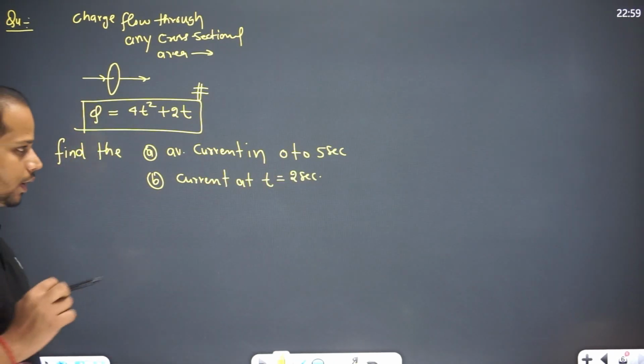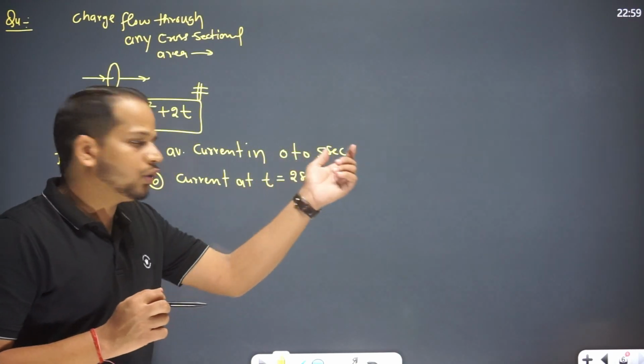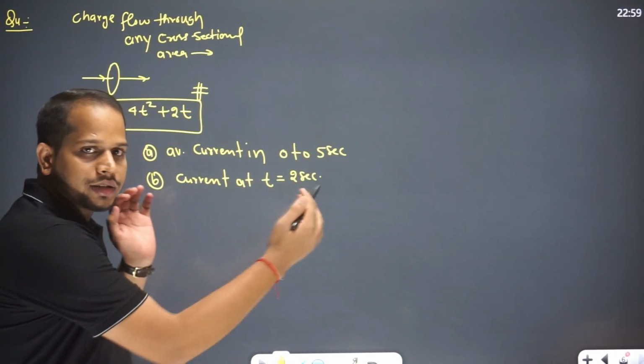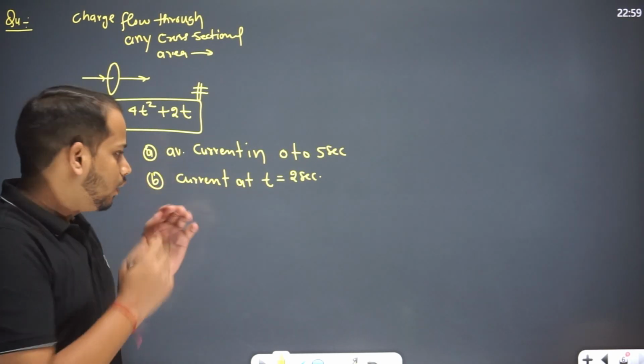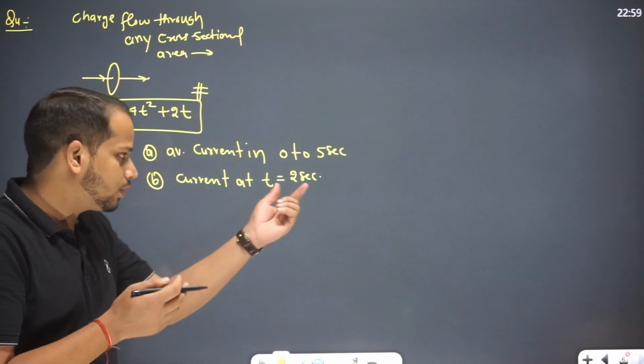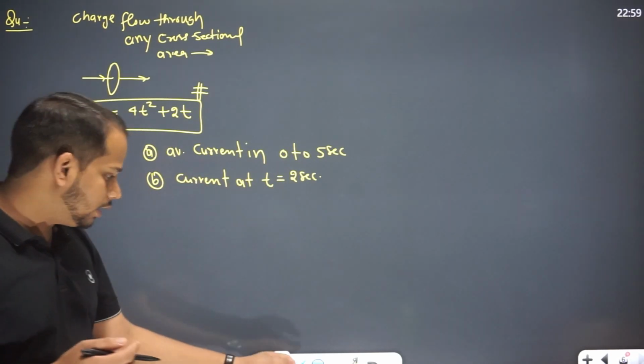So there are two things. One is current in 0 to 5. Current in 0 to 5 means average. If they are giving a large time interval, then there is the average. When they are giving a very small time interval, or a particular time like 2 seconds, we have to find out the instantaneous, no?